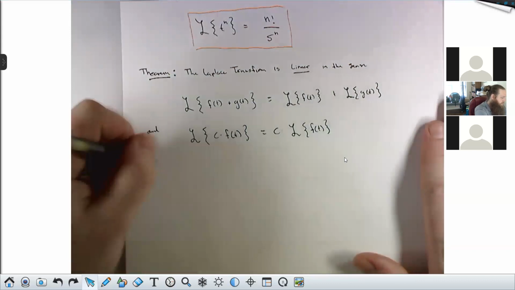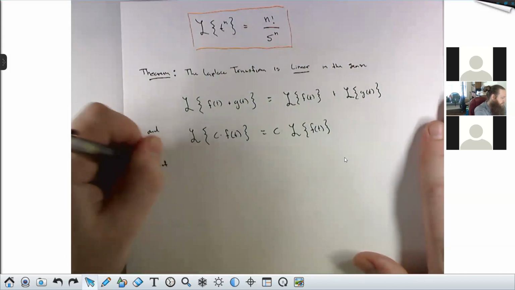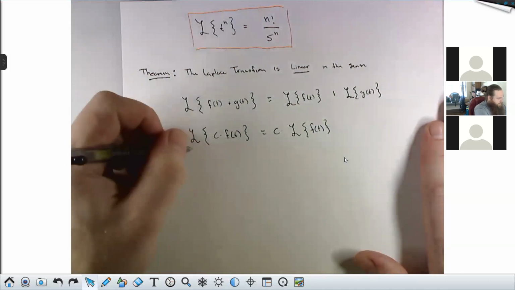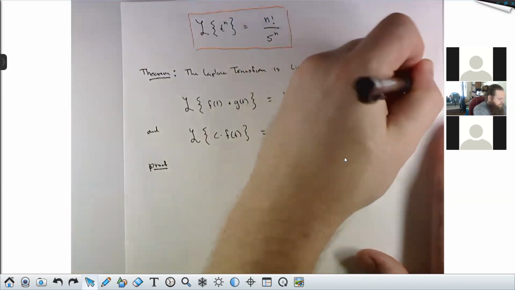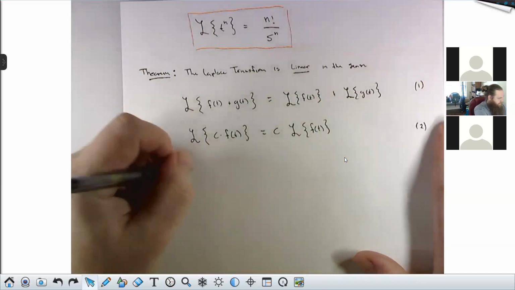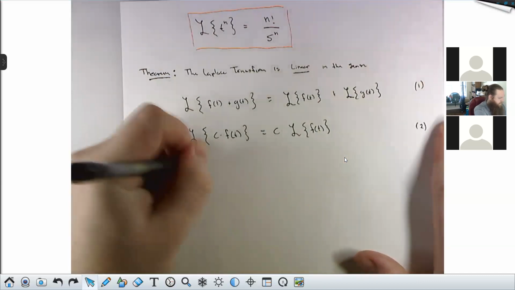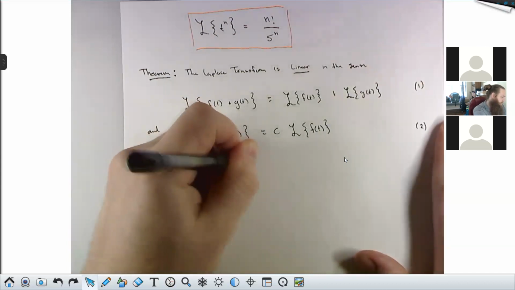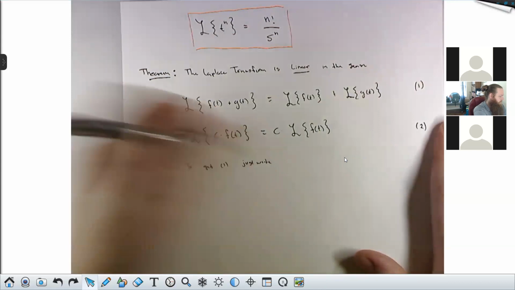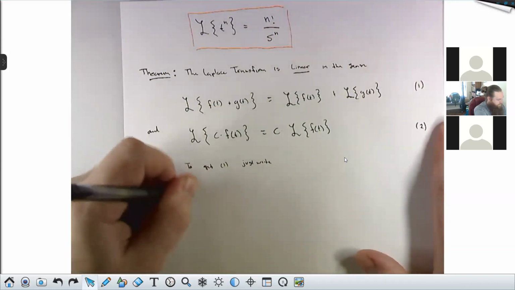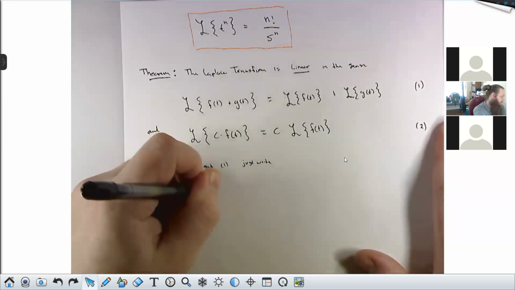Proof. This is not a hard proof at all. It's easier than the thing we just did. I'll number these as 1 and 2. So to get 1, just write out what L of f of t plus g of t is.